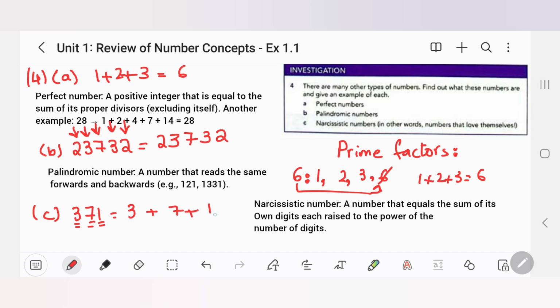If you add 3, 7 and 1, they will make just 11. We have to make this 371. So how many digits are there? 1, 2, 3. There are a total of 3 digits, so you raise all of them to the power 3, and now when you solve them and add the answers, you will get 371. So this is called the narcissistic number.